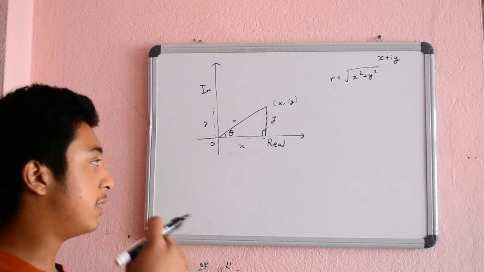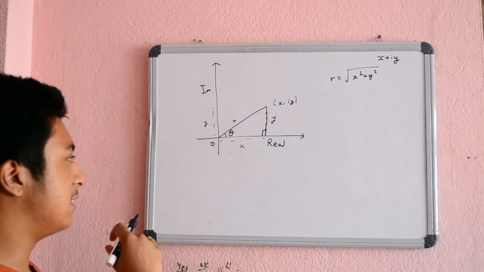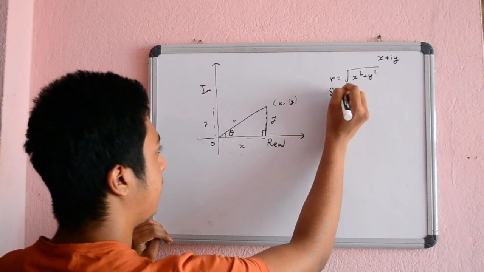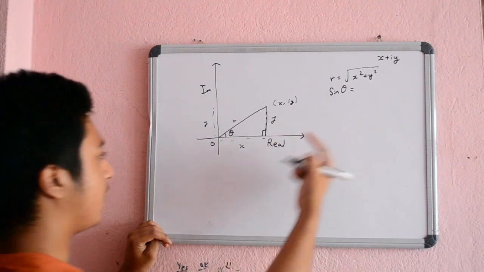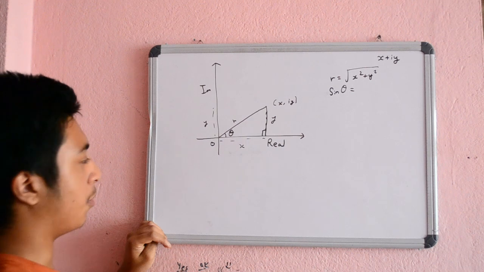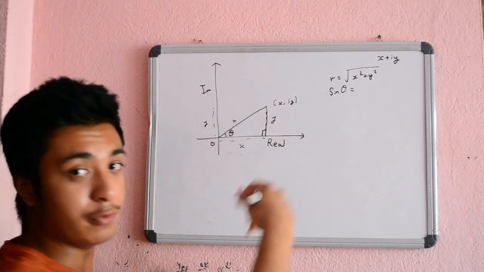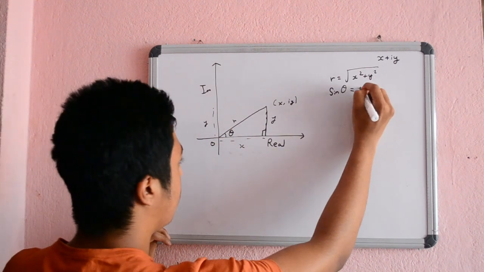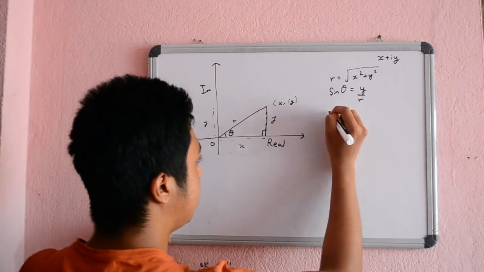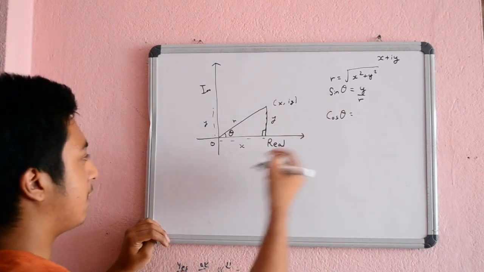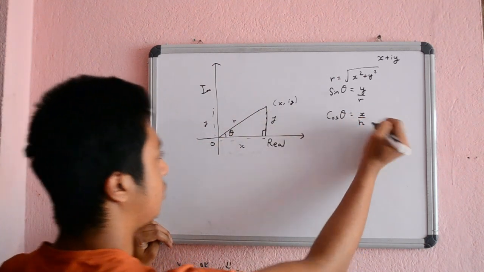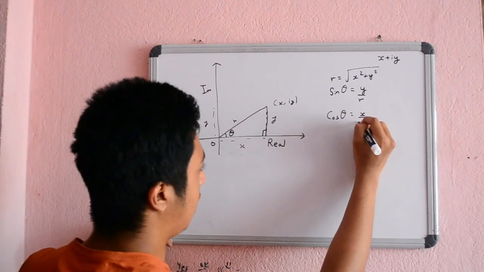Since we're trying to find sin²θ plus cos²θ, let's see what it is in terms of sinθ and cosθ. So sinθ here is the opposite by the hypotenuse, or the perpendicular by the hypotenuse, whichever you feel comfortable with. This is y by r. And for cosθ, this is simply the base by the hypotenuse, which is x by r. Oh sorry, the hypotenuse here is r.